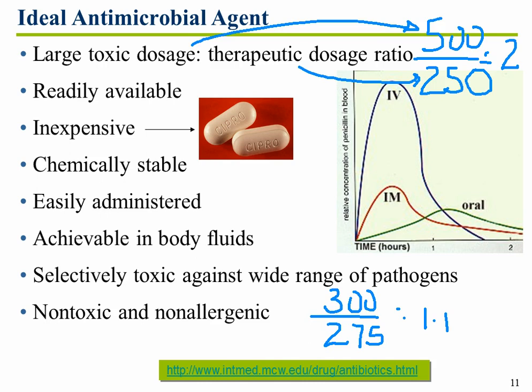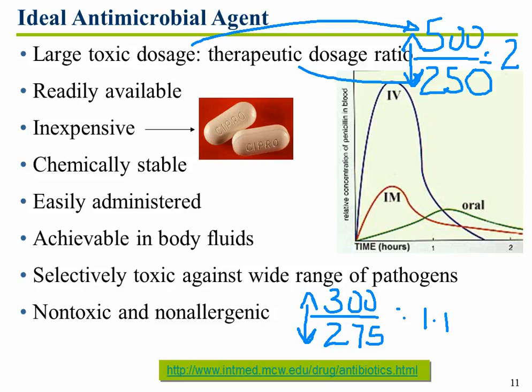If you look at the numbers, you'll notice that the spread between 250 and 500 is bigger than the spread between 275 and 300. In other words, you want as big a gap as possible between the therapeutic dosage to get rid of the infection and the toxic dosage that will cause problems in the host.